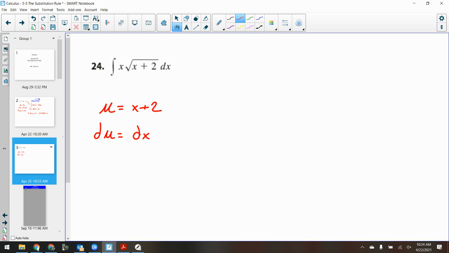All right. So essentially what I'm doing here is I'm changing this, and I take the square root of u, and then du. But there's still an x sitting out front, right? I didn't replace, the only thing that replaced dx was du. And the x plus 2 went in for just a u.